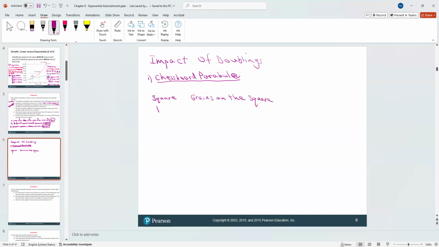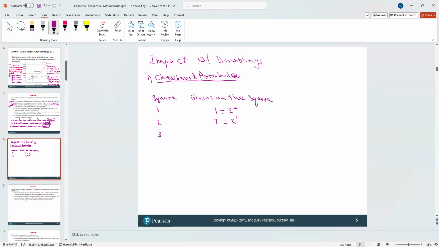When he put one, that is equal to 2 power 0, right? Then he said place 2 grains on the second square, so 2 power 1.